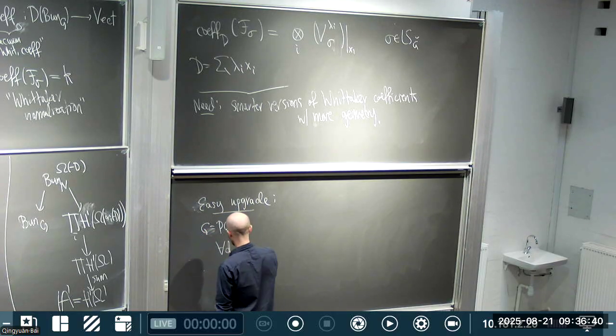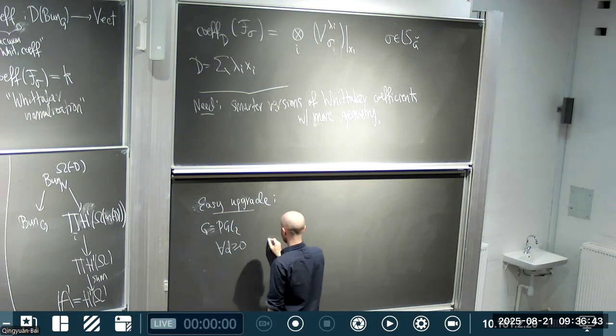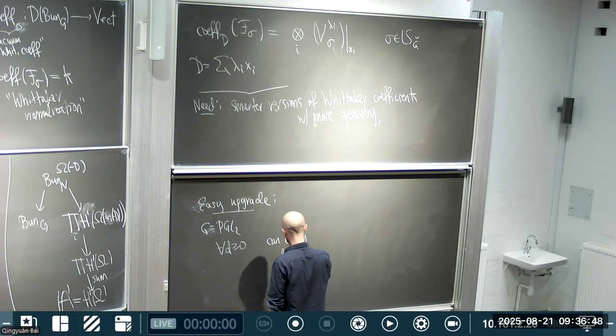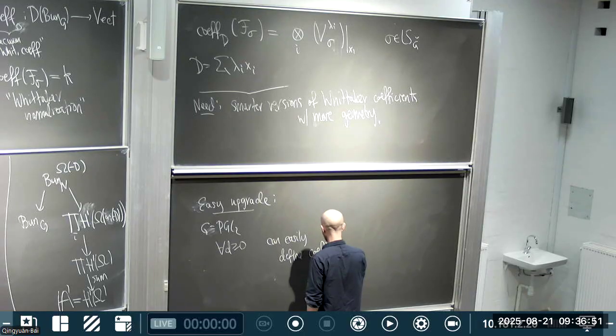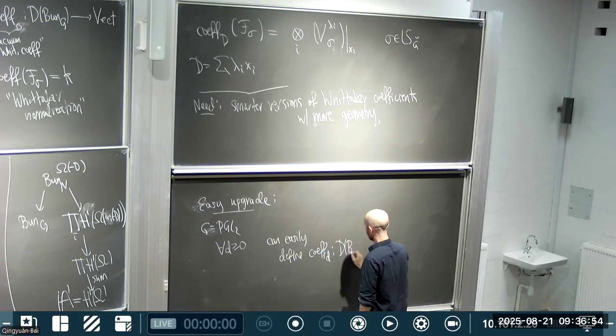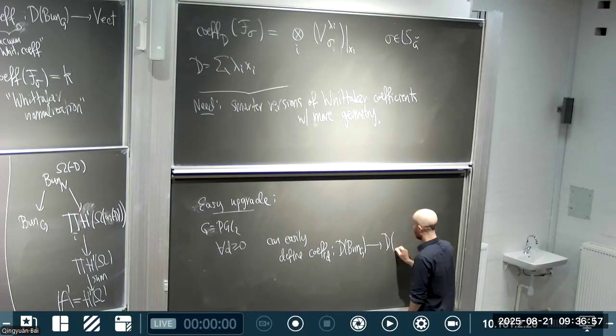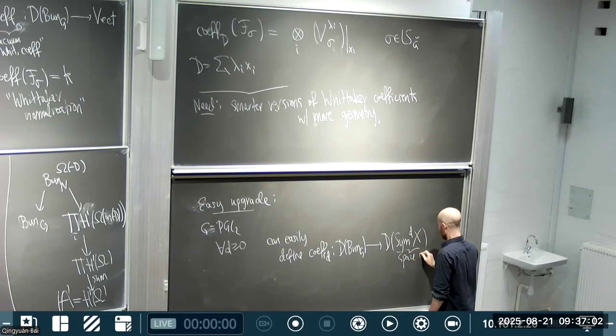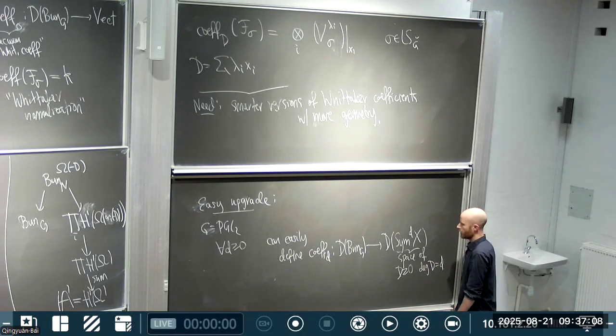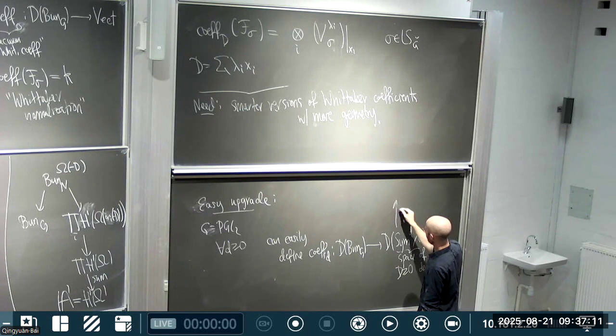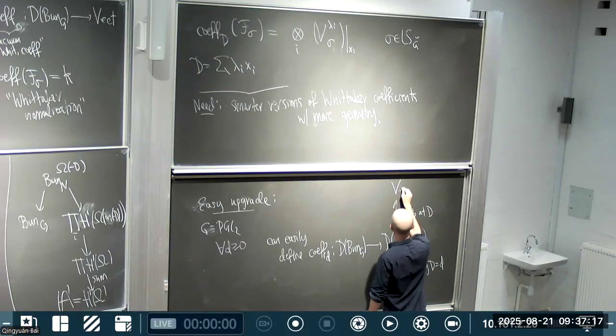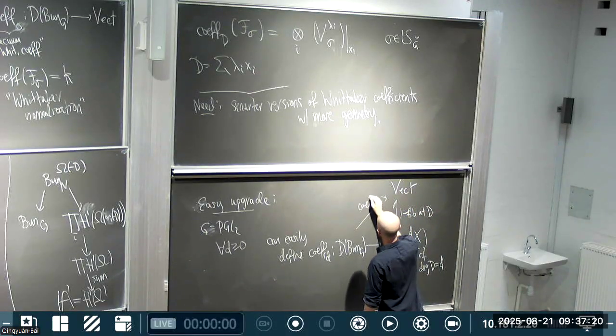Then for every integer d greater than or equal to 0, I can easily vary the definition, and I'll define some functor coeff_D from the category of D-modules on Bun_G to the category of D-modules on the symmetric power of the curve, which is the space of divisors d greater than or equal to 0 of degree D. And this is rigged so that for every divisor, if I take the fiber at d, this is going to be my earlier coeff_d.